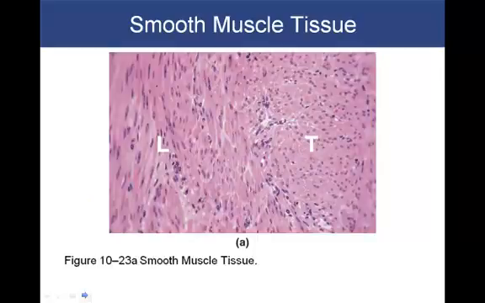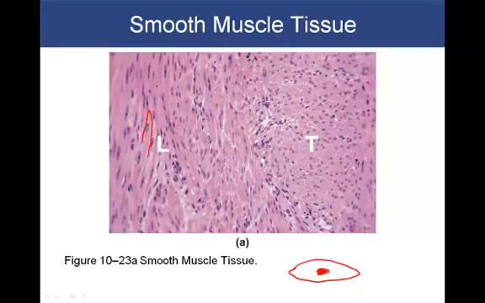This is a histological prep of smooth muscle. We have here both longitudinal and transverse sections. A smooth muscle cell is often described as being spindle or cigar shaped. If you were to slice that in the longitudinal plane, it would look something like that. And if we look at these cells, we could almost pick one out using our imagination.